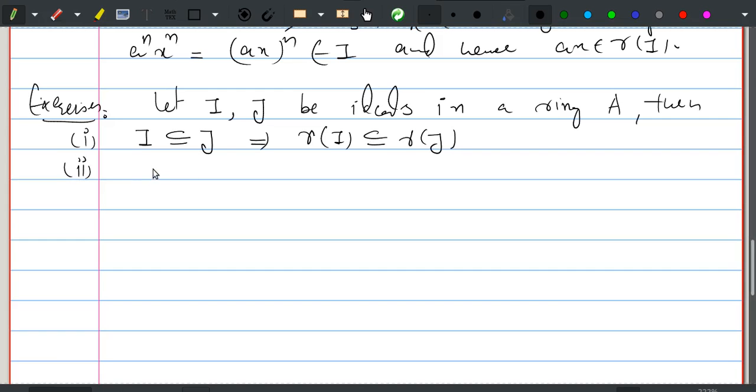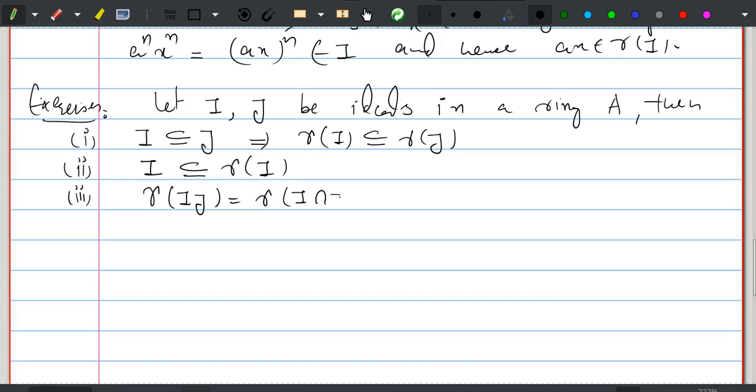The second is that I is always contained in the radical of I, i.e. the radical of I is a bigger ideal than I. And then we have the third item: the radical of the product IJ is the same as the radical of the intersection, which is the same as the intersection of the radicals.